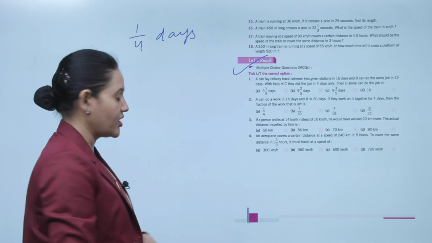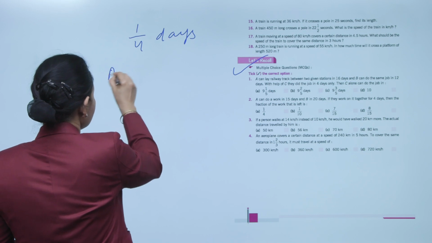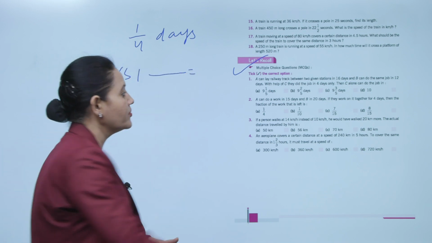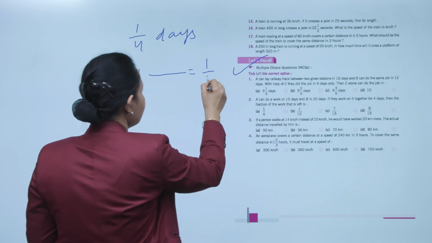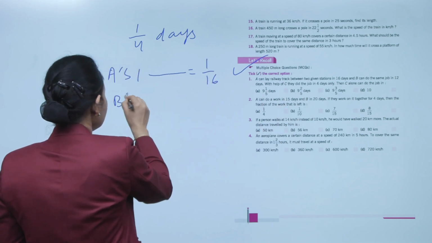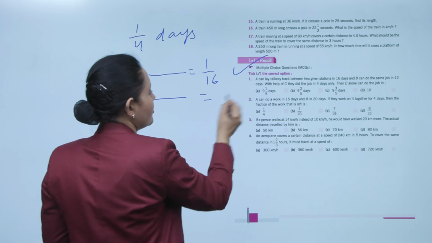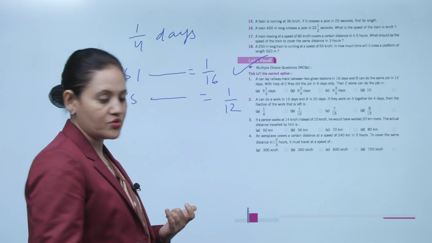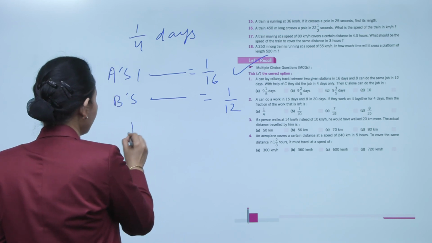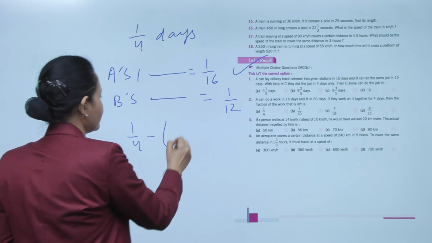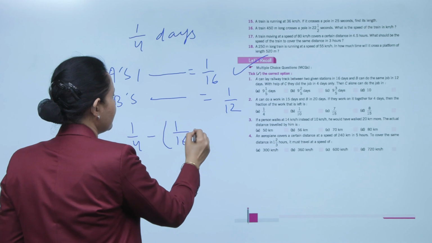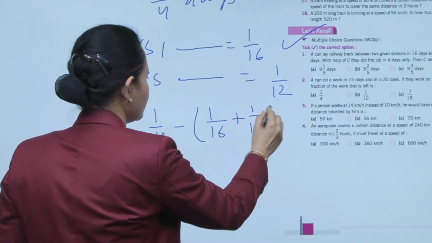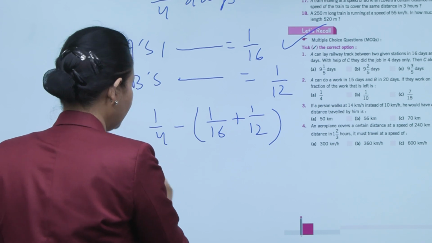A, B and C together. A's one day work is 1 by 16. B's one day work is 1 by 12. So C's work will be 1 by 4 minus 1 by 16 plus 1 by 12. Clear?